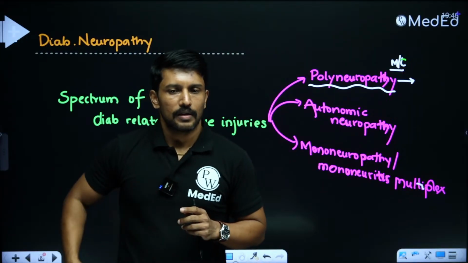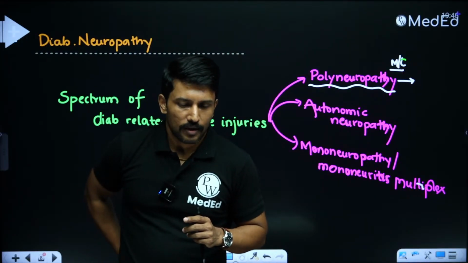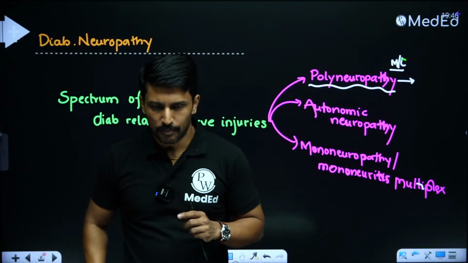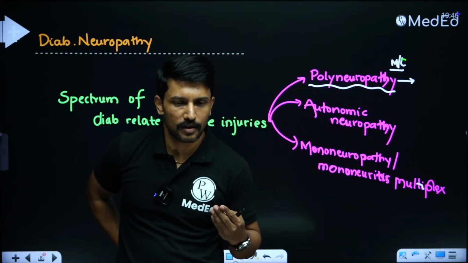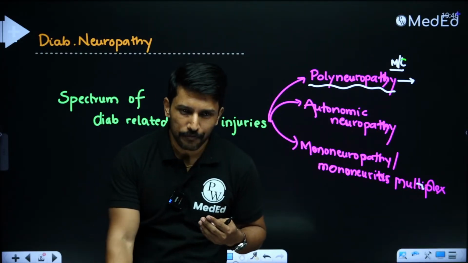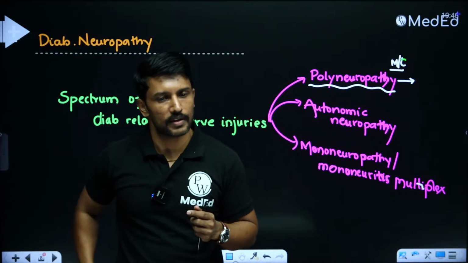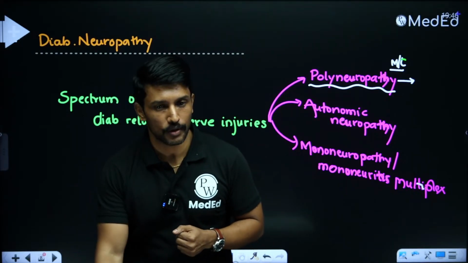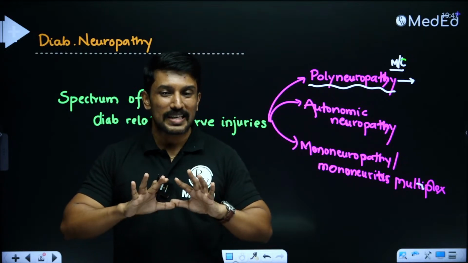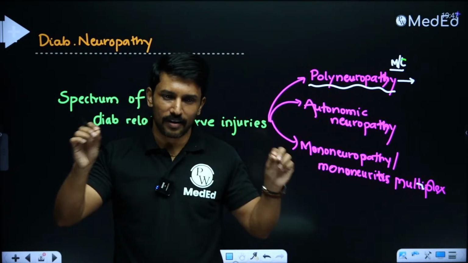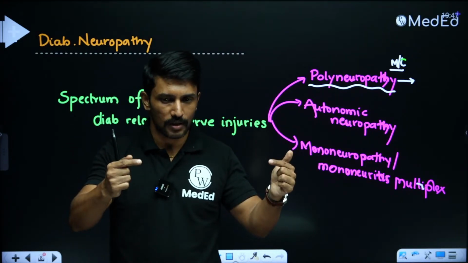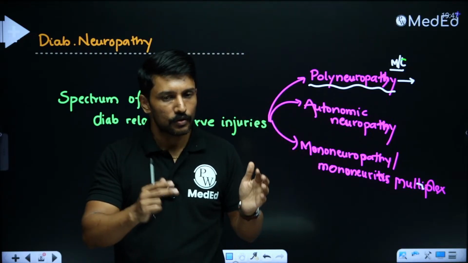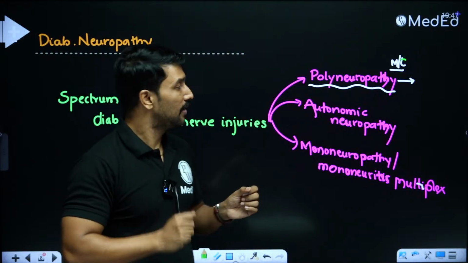Now some nerves originate in the lumbosacral region and go to my thigh muscles, and some originate in the lumbosacral region and go to my feet muscles. Who is having the longest journey? The one that is going to my feet muscles. So who is going to get affected first? The one that is going to the feet. So distal parts of the body, because the longer the nerve, the more exposure to toxin, and the earlier it gets affected. So distal parts are the ones which get affected first.